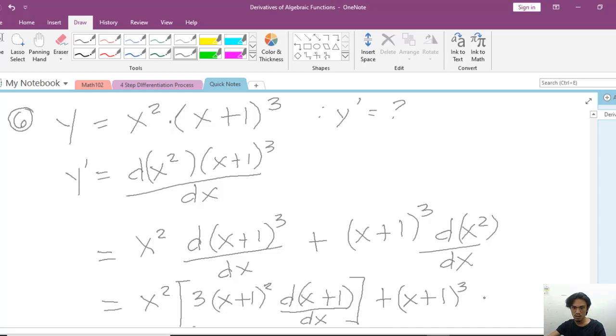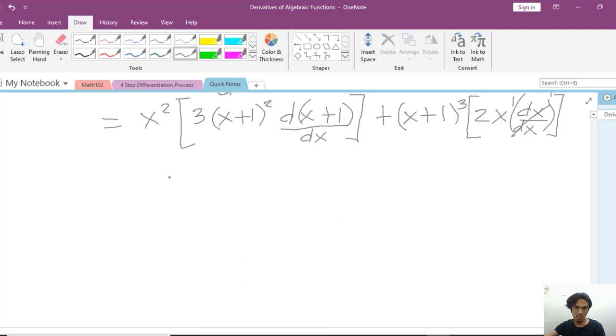We are just copying it. Times the derivative of this function. Bring down the exponent 2. Copy the base, raised to 1, times the derivative of the base with respect to x. That is simply 1.